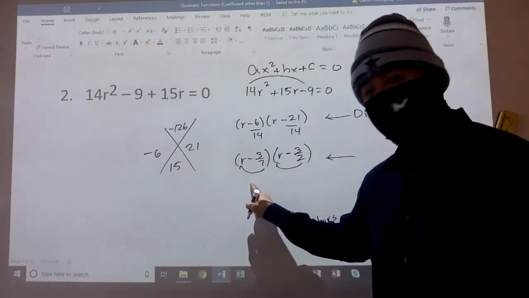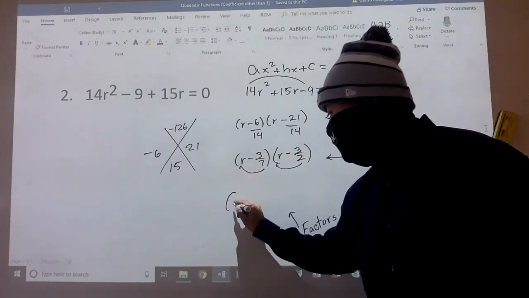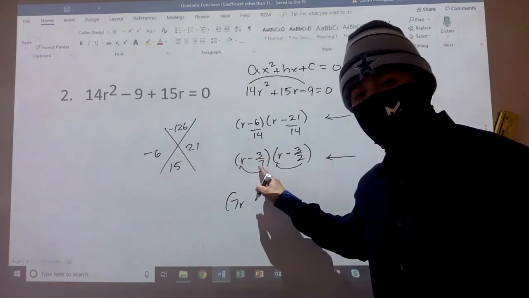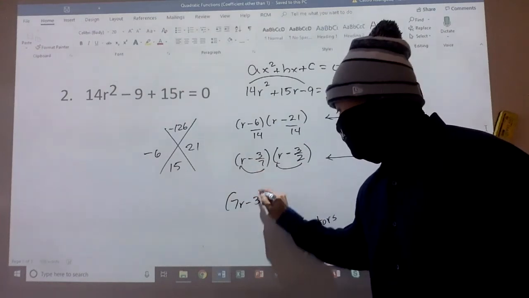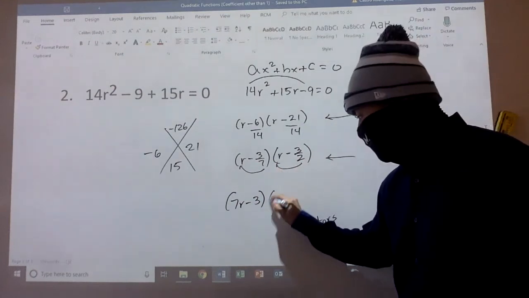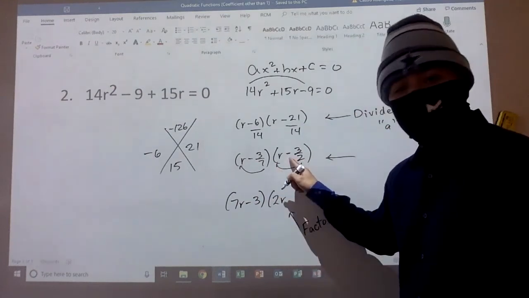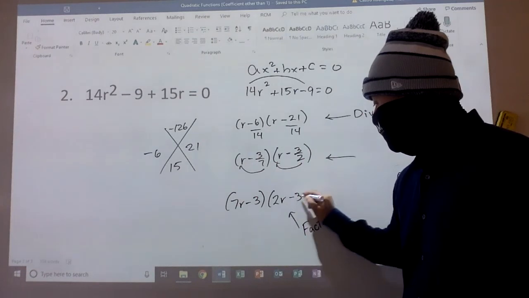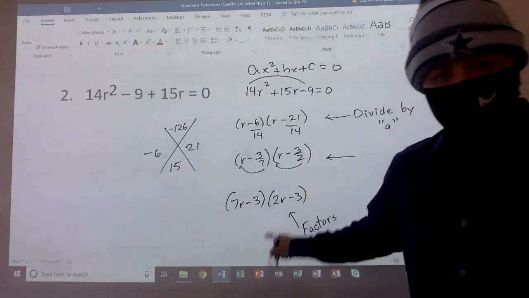So my factors for these will be 7r minus 3. The next one, 2r minus 3. These are my factors.